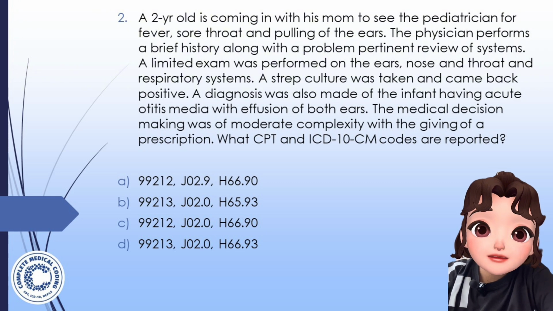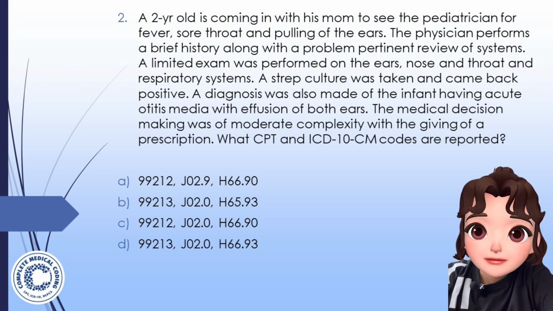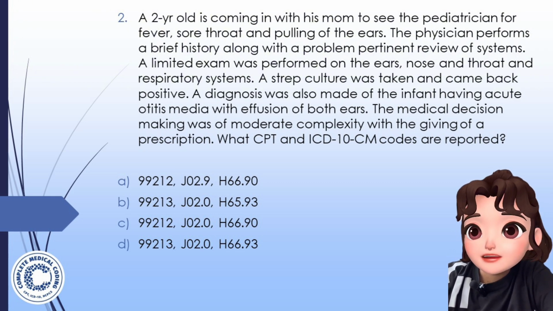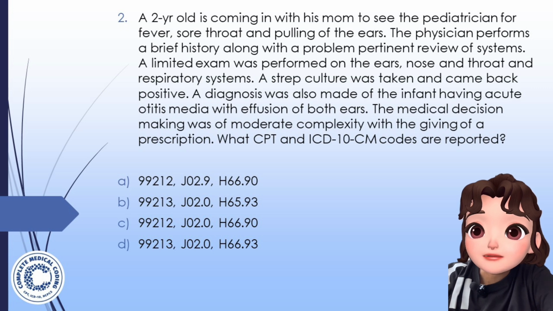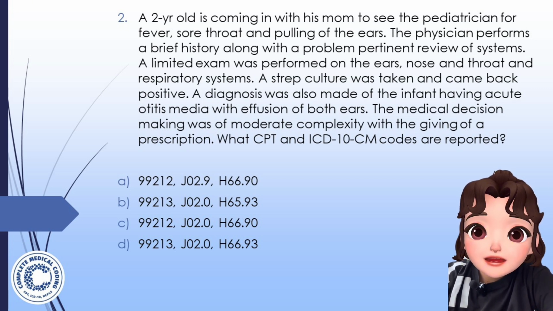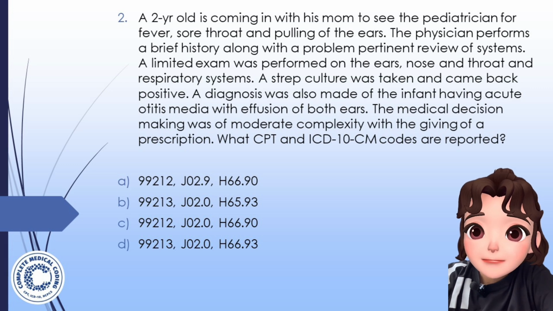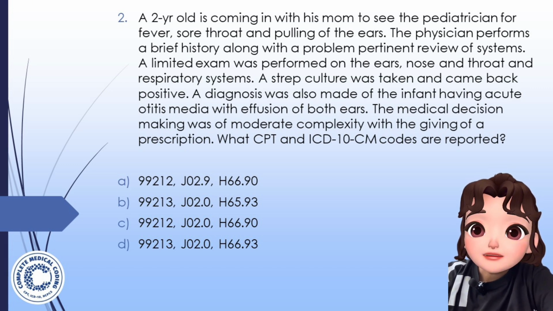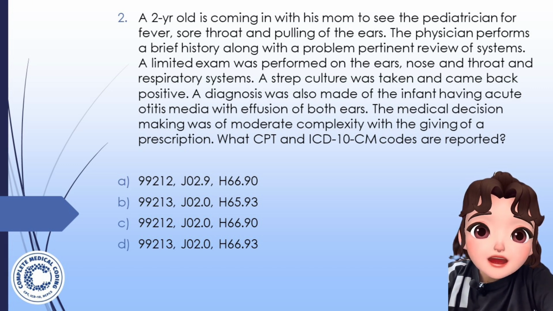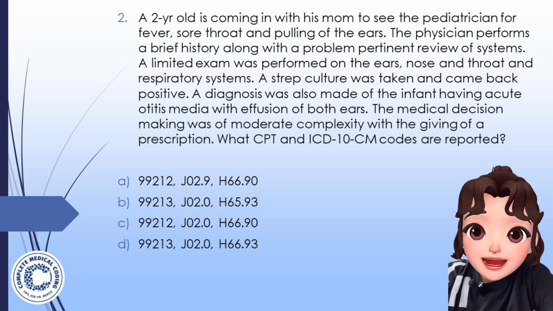So let's find out the diagnosis first. What will be the diagnosis in this question? If you can see the options, for CPT codes it's only the E&M code, right? E&M code only is mentioned there. And the rest are both diagnoses. So first let's look into the exact diagnosis.